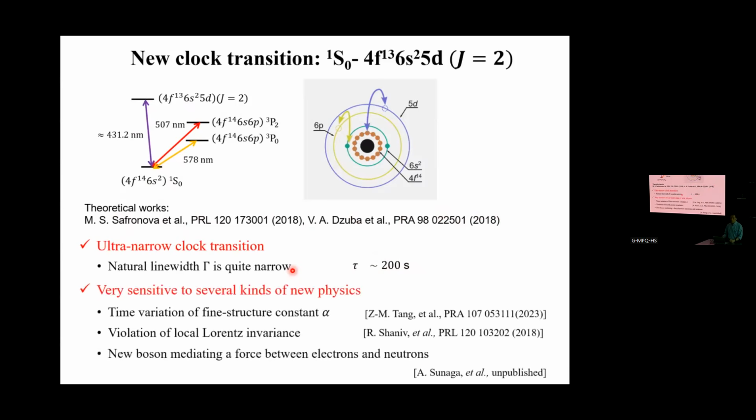In addition, this ultranarrow transition and the J=2 state is very sensitive to several kinds of new physics, such as the time variation of the fine structure constant, violation of local Lorentz invariance, and a new boson mediating a force between electrons and neutrons.